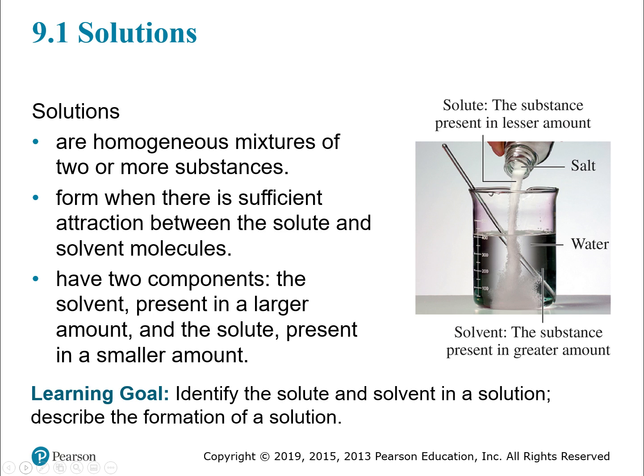Those interactions have to be great enough that the solvent particles would rather interact with the solute than themselves. The solvent is present in a larger amount than the solute. So if you have a saltwater solution, you've got a small amount of salt and a big amount of water.